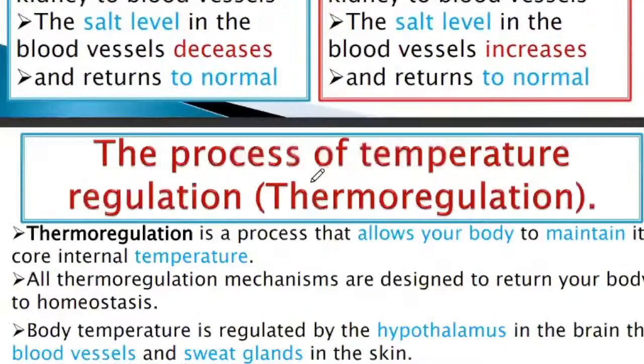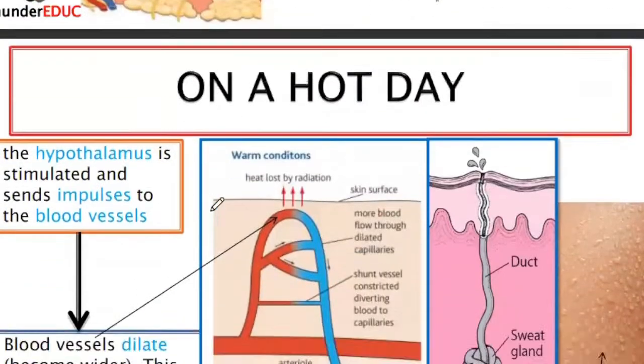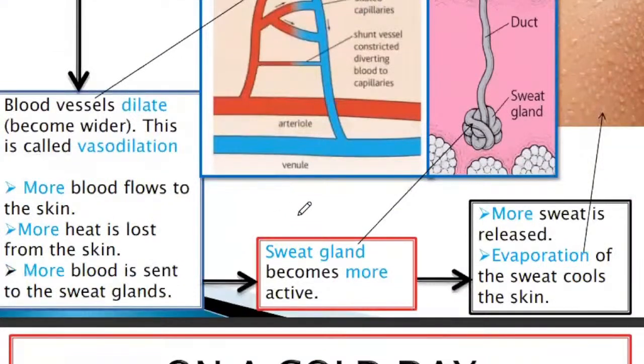So on a hot day, what happens is this: the sweat glands become more active, meaning they produce more sweat, and this sweat will be evaporated, and this evaporation will lead to cooling of the skin.